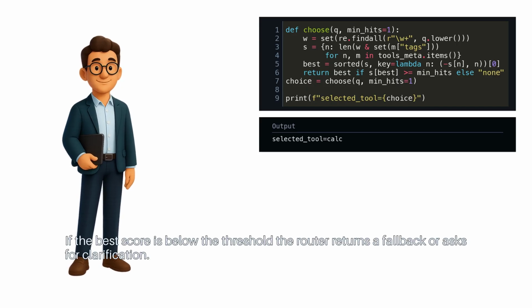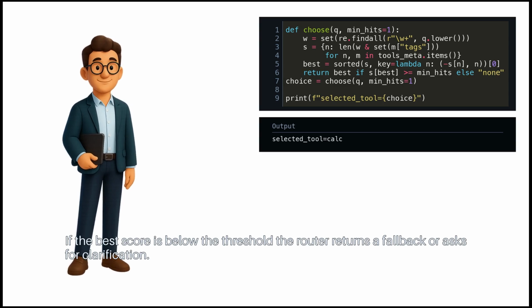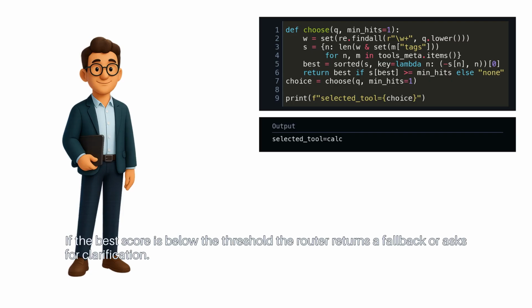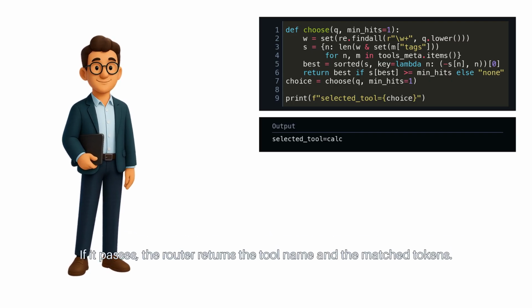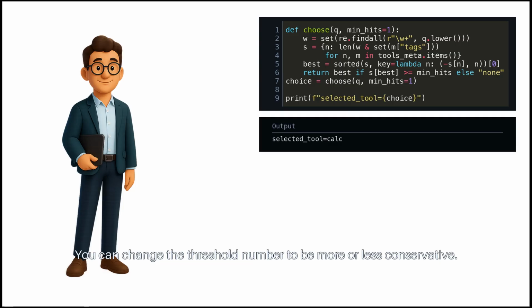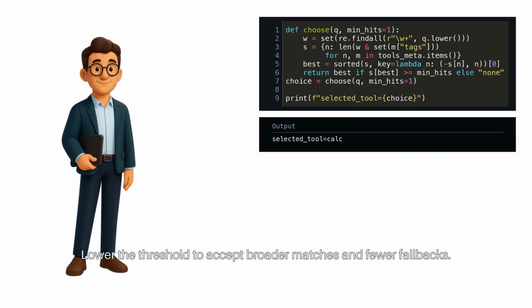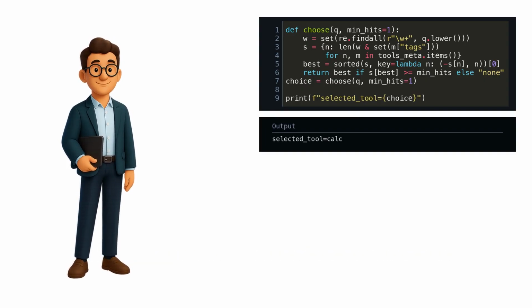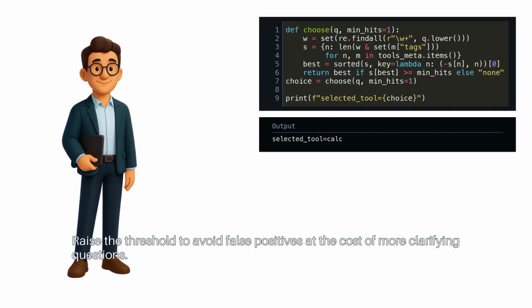If the best score is below the threshold, the router returns a fallback or asks for clarification. If it passes, the router returns the tool name and the matched tokens. You can change the threshold number to be more or less conservative. Lower the threshold to accept broader matches and fewer fallbacks. Raise the threshold to avoid false positives at the cost of more clarifying questions.